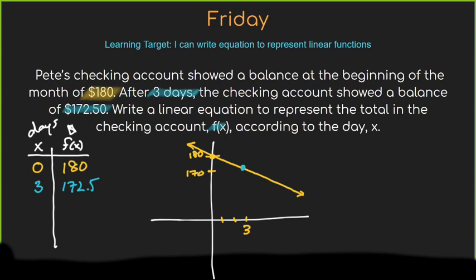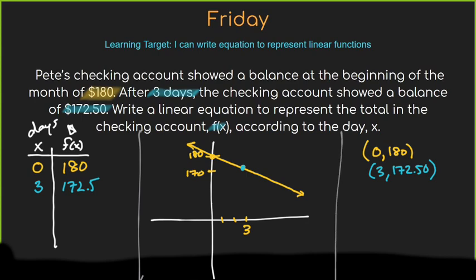I can also represent this as just a pair of points. So I know that after 0 days, he had $180. And I also know that after 3 days, he had $172.50. So I've got numerous ways that I can represent this data. I've got our table, I've got our graph, and I've got just a pair of points.